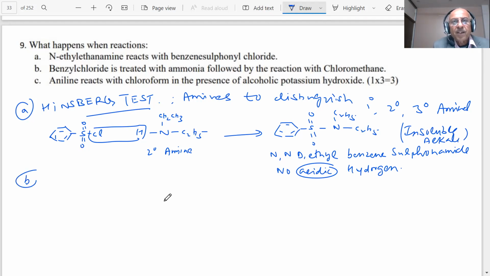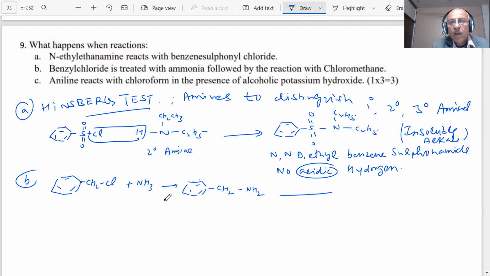Benzyl chloride is treated with ammonia. What is benzyl chloride? React with ammonia, student. Then what will you get? You will get CH2NH2. So this is a 1 degree amine.